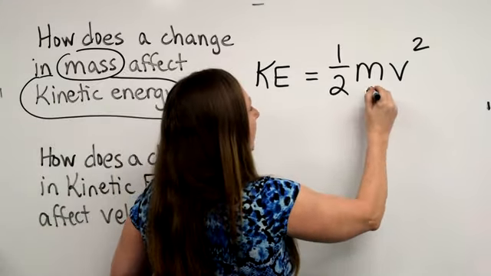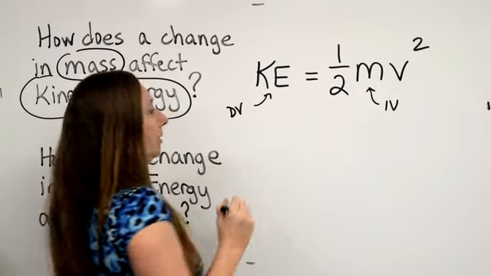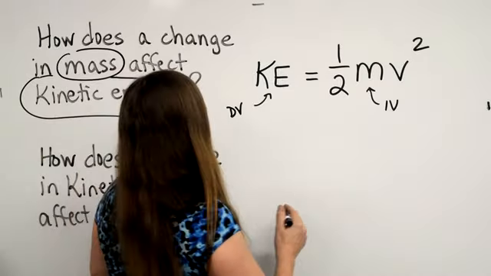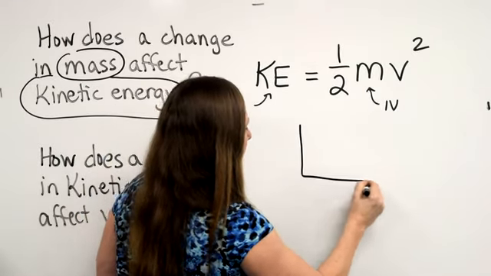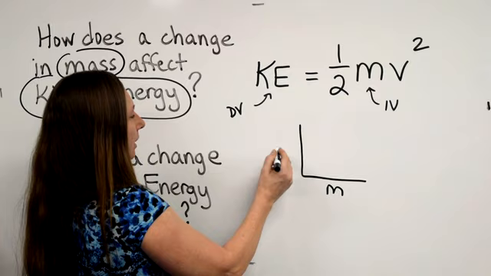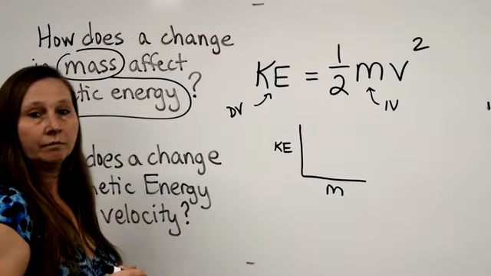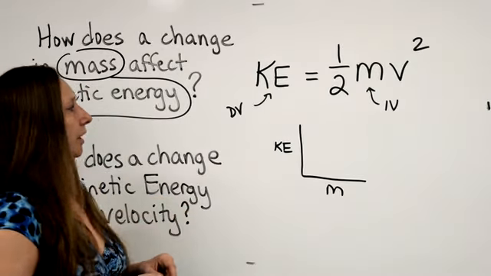This would be our independent variable, and this would be our dependent variable. And while we're at it, if you put this on a graph, your independent variable goes here, so here's your mass, and here's your dependent variable, here's your kinetic energy. There's your independent variable, there's your dependent variable.